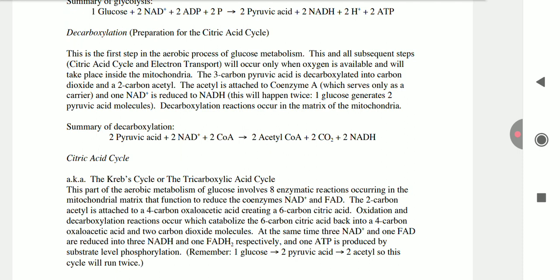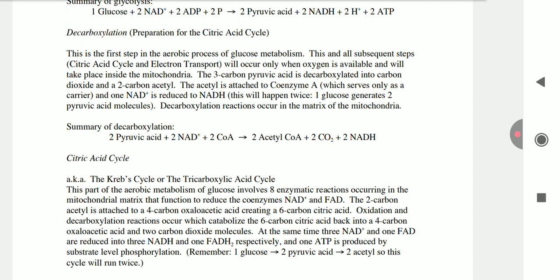The acetyl is attached to coenzyme A, which serves only as a carrier, and one NAD positive is reduced to NADH. Decarboxylation reactions occur in the matrix of the mitochondria. Summary of decarboxylation: 2 pyruvic acid plus 2 NAD positive plus 2 CoA will give 2 acetyl coenzyme A plus 2 carbon dioxide plus 2 NADH.